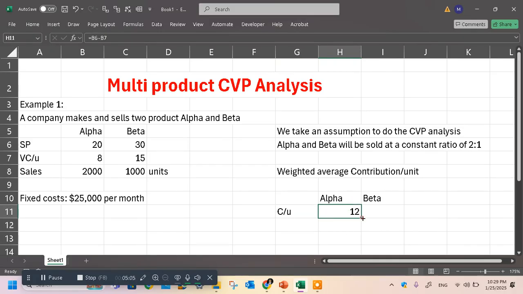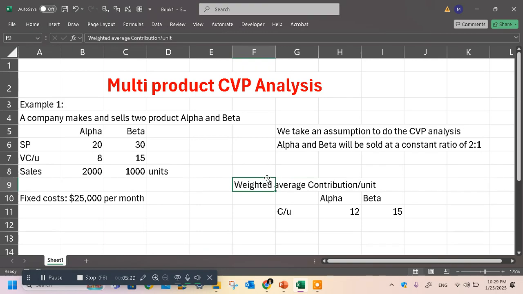Same calculation for beta, 30 minus 15, that is $15. I want an average, not the simple average. You are not going to add and divide by 2 because the volumes are different. So the formula is: weighted average contribution per unit equals total contribution divided by total volume.